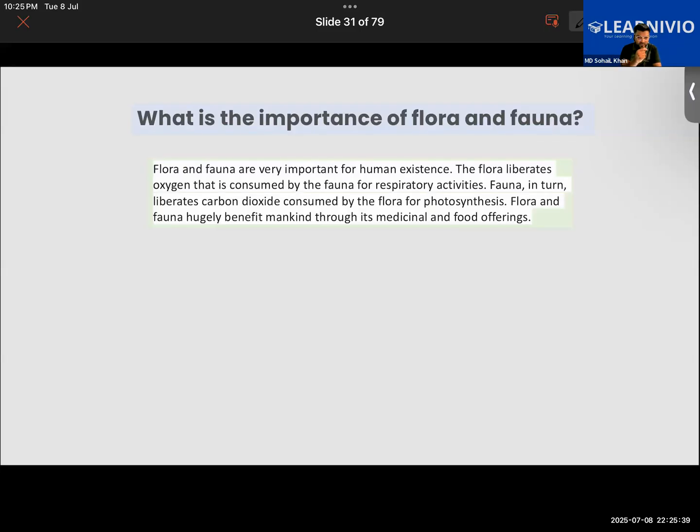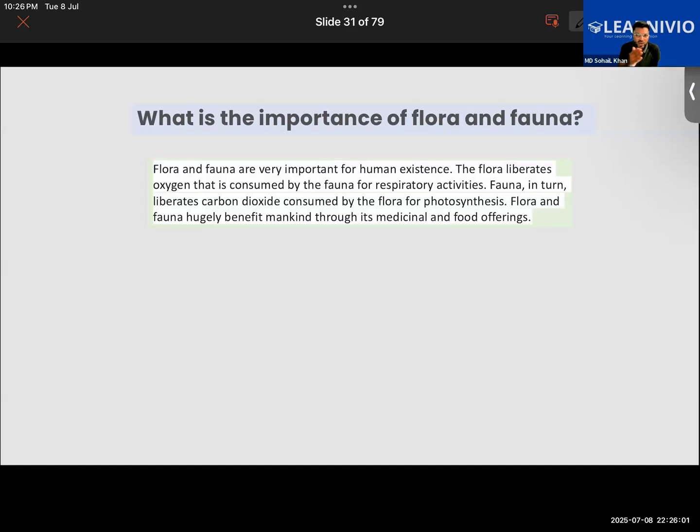Okay, but the question particularly was about flora and fauna. Flora refers to groups of plants found in a given area at a specific time, and fauna refers to the different groups of animals living in that area at a specific time. So how are these two benefiting each other?